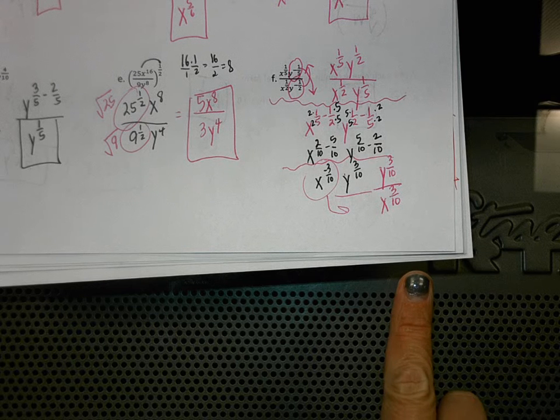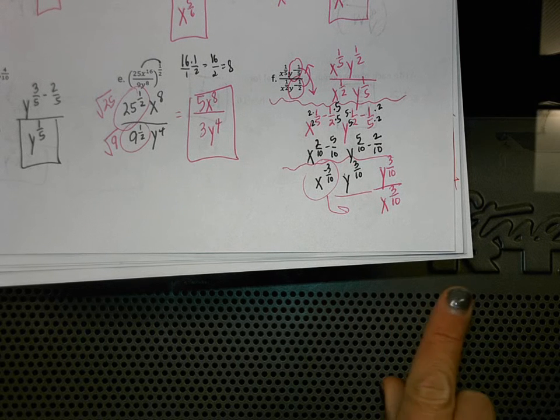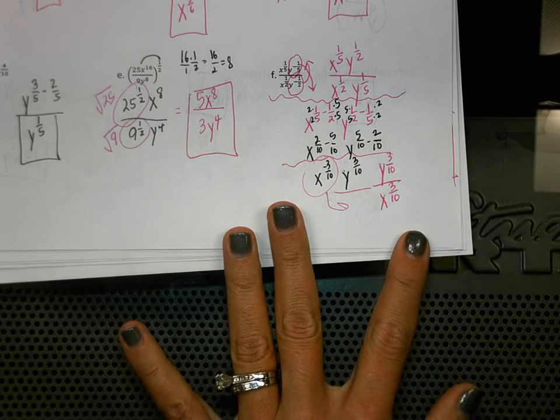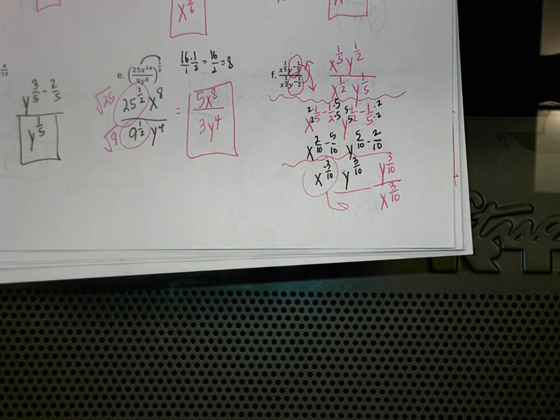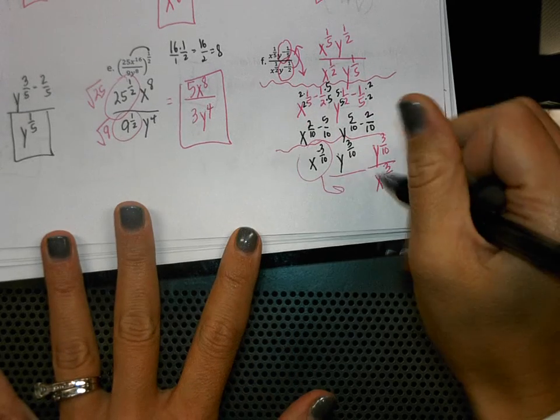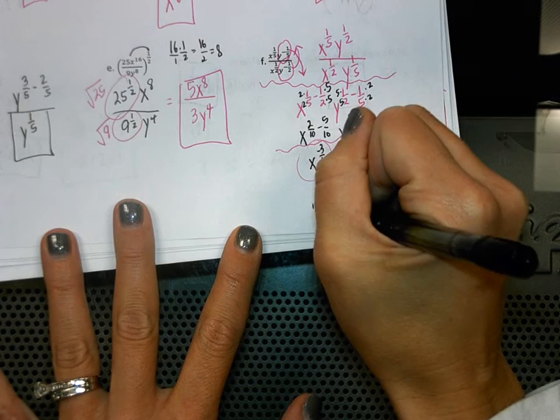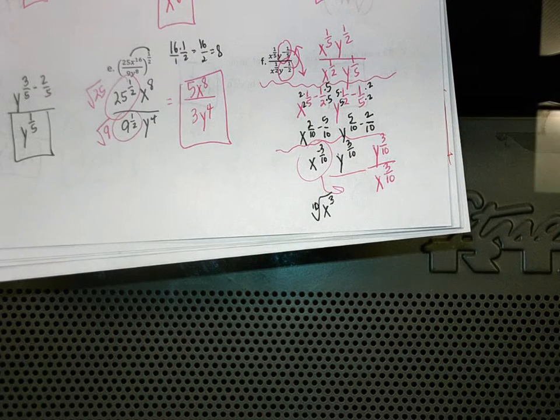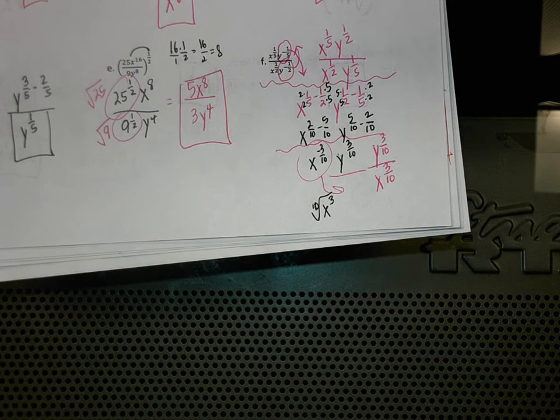No. Okay, so there's a couple ways of thinking about this, but if you want to write this as a root, you could, or we could leave it as an exponent, but I want you to see something. So x to the 3/10 is really the 10th root of x to the 3rd, correct? What do you need in order to get rid of that root in the denominator?